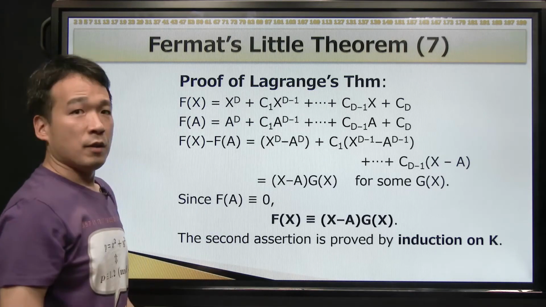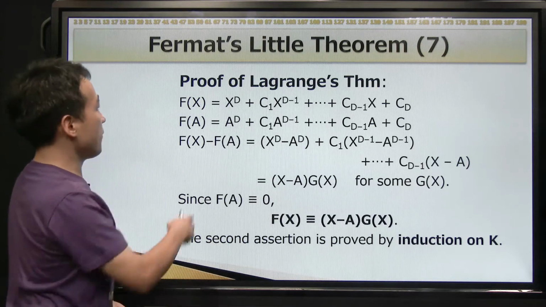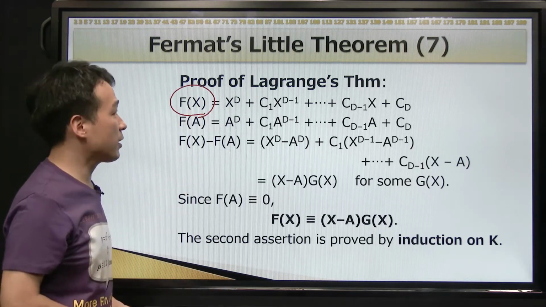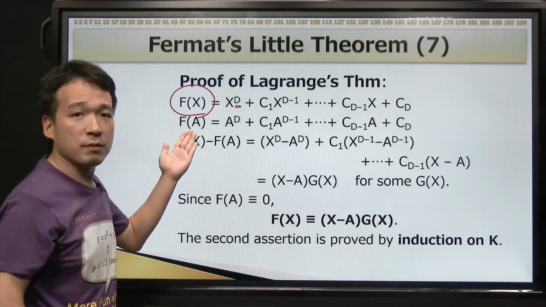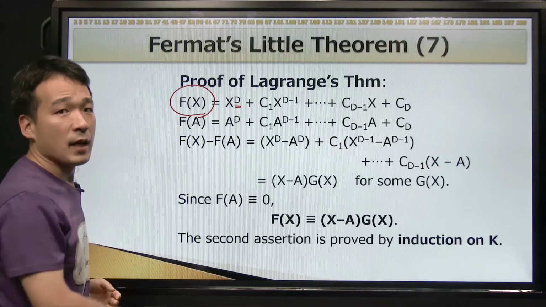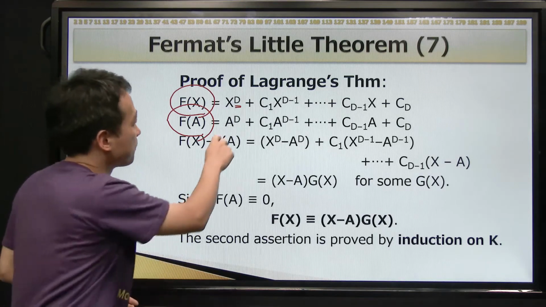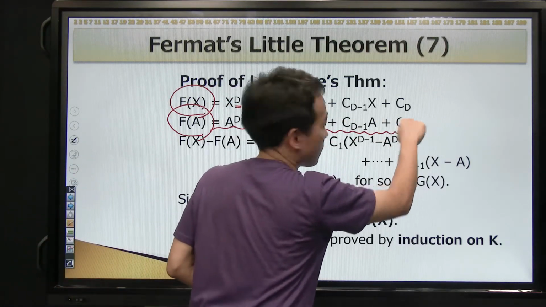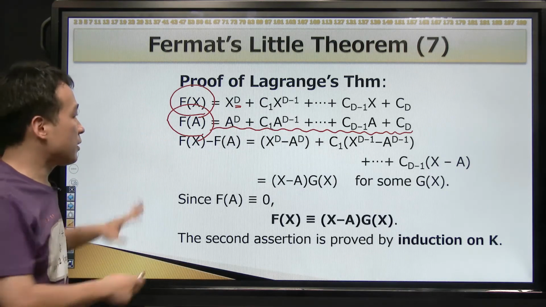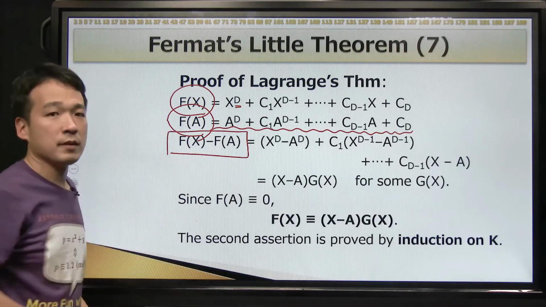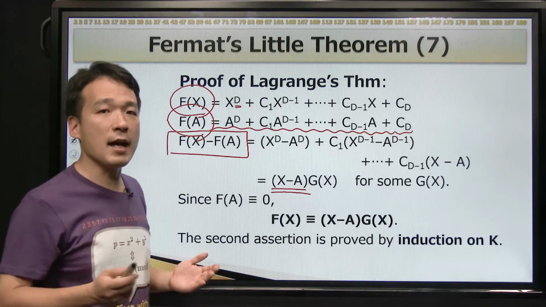The proof of Lagrange's theorem goes as follows. Consider the polynomial f(x) of degree d. If we put x equal to a, then f(a) becomes as follows. Therefore, by a simple calculation, the difference f(x) minus f(a) is divisible by x minus a.